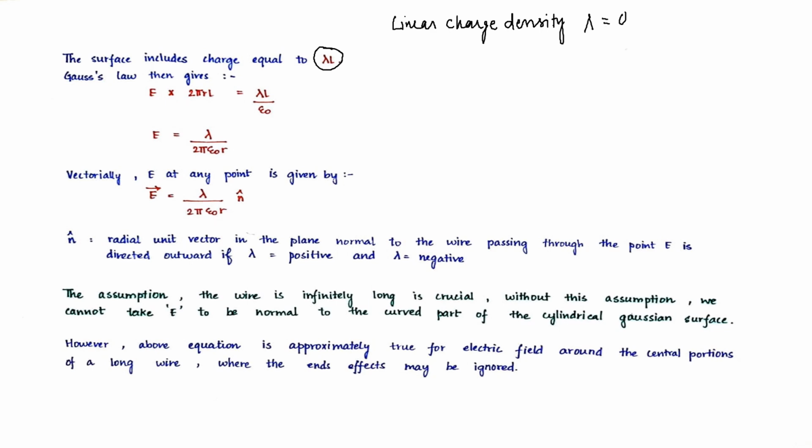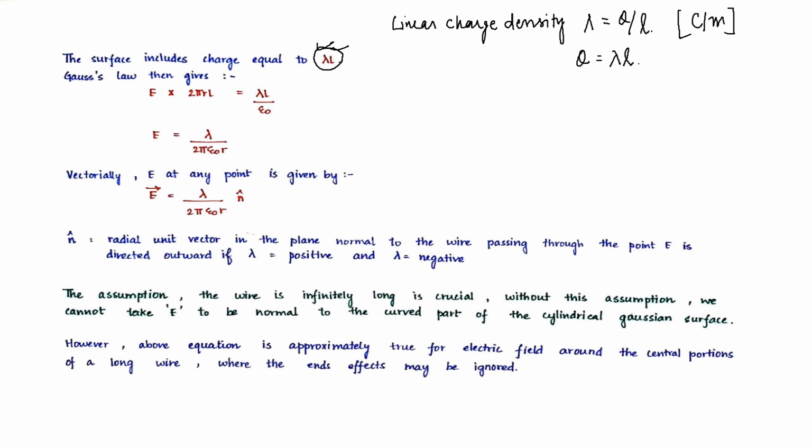Lambda is equal to charge upon the length of the wire, and the SI unit for this is coulomb per meter. So from here we can find the charge by rearranging these. We'll get charge equals linear charge density times the length of the cylinder. So this is the amount of charge we have in the Gaussian surface.